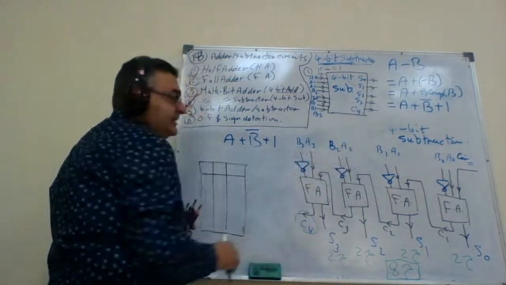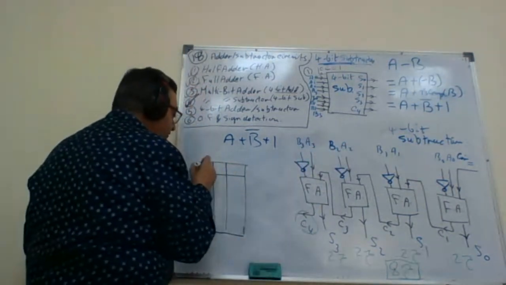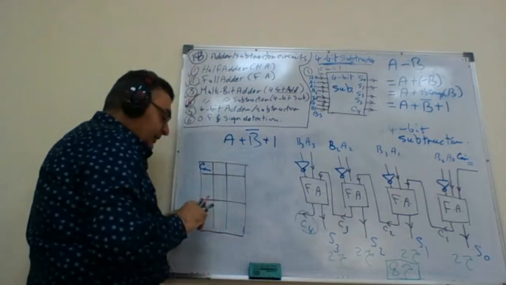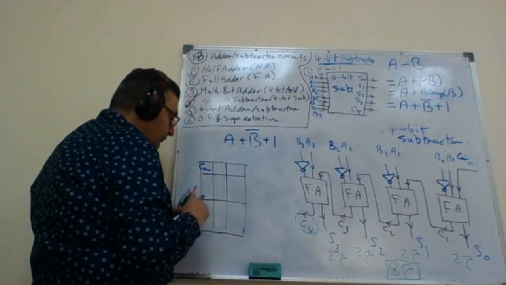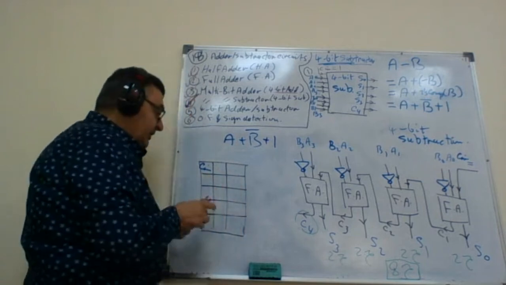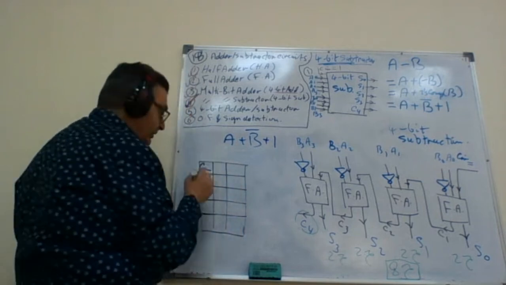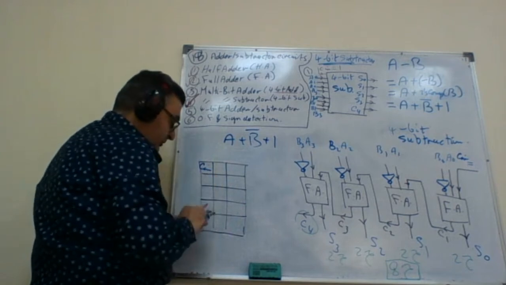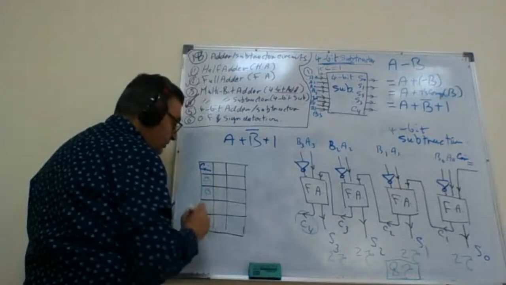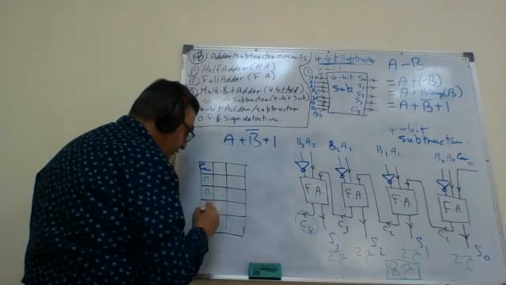B depends on the value of Cin. Cin actually can be of two values: it could be 0 or 1.